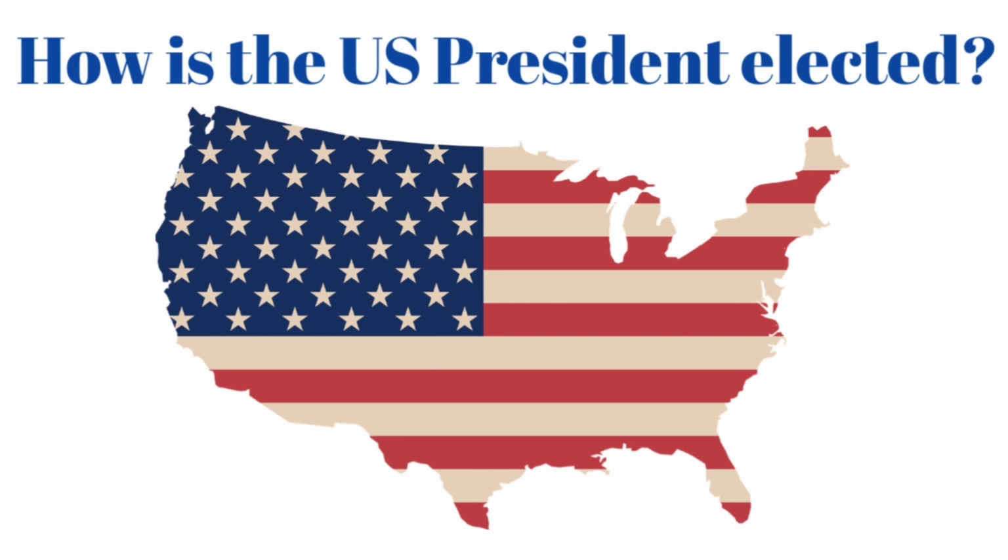Their role in foreign affairs encompasses diplomacy, military command, and international negotiations, shaping global alliances and geopolitical dynamics. Domestically, the President collaborates with Congress to formulate and implement legislative agendas that address pressing national challenges and priorities.